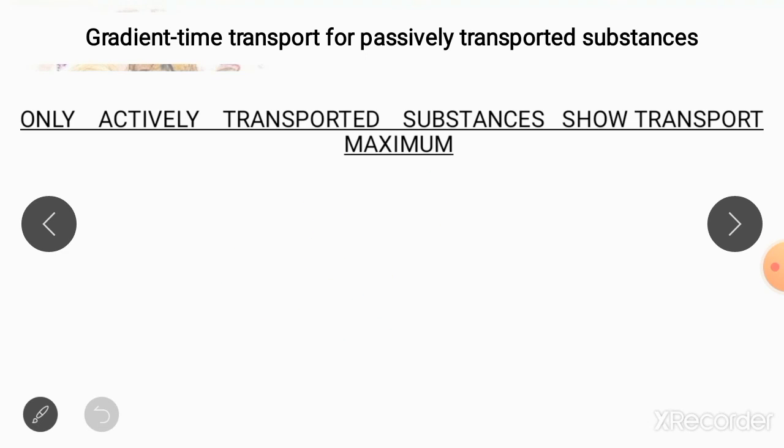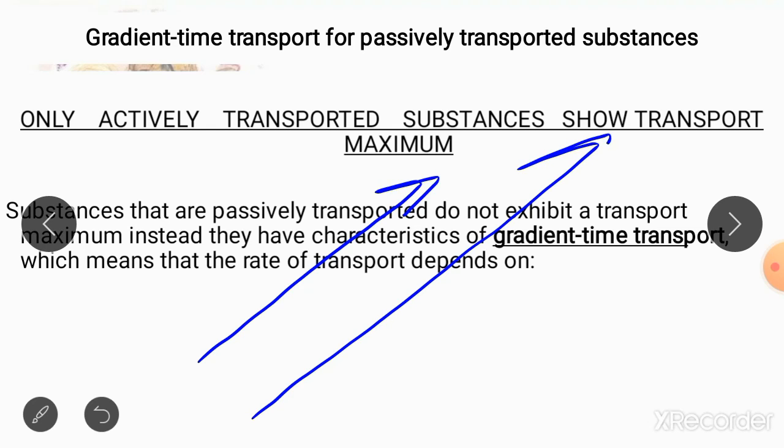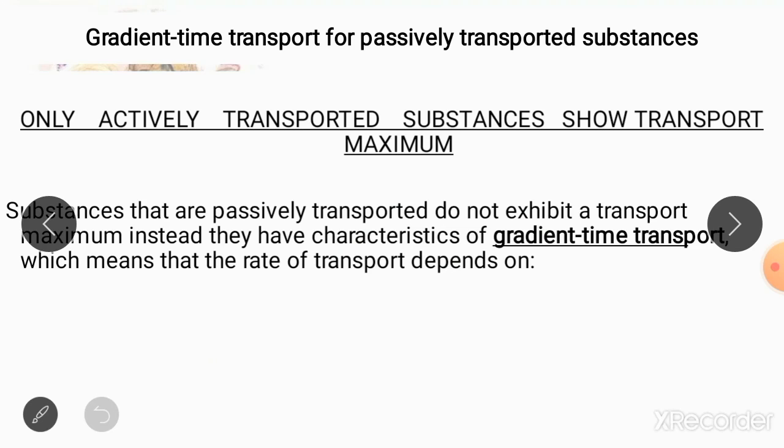Those substances which are not being actively transported, such as passively transported substances, do not show transport maximum. In such substances, when you increase the concentration of something, its reabsorption is going to increase as well, but they do show another kind of limitation, which is known as gradient time transport.